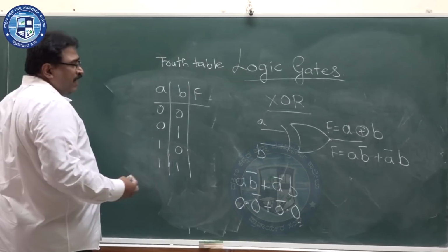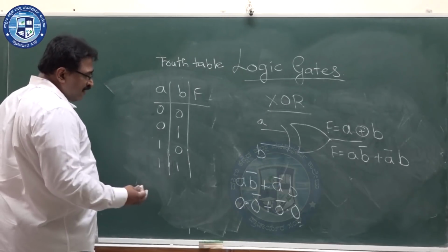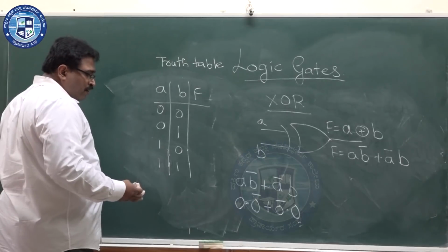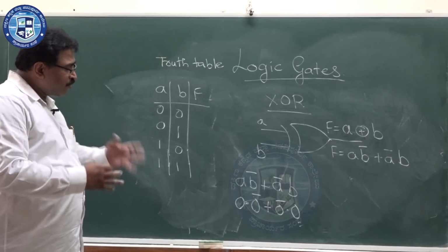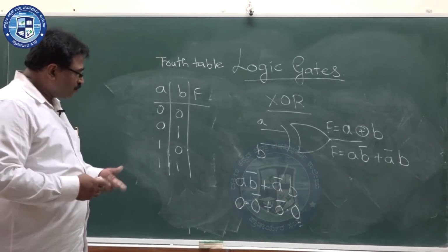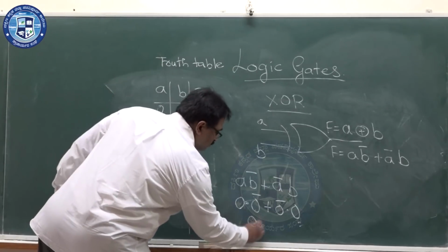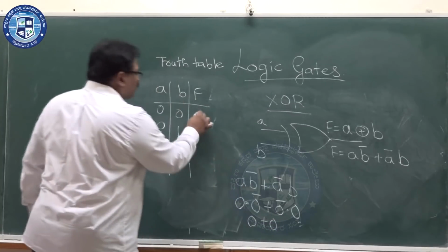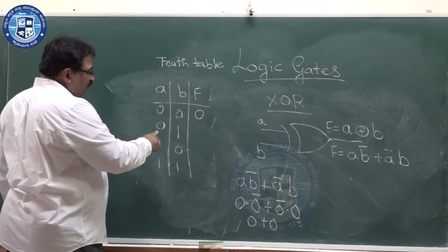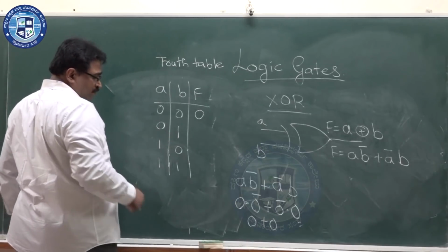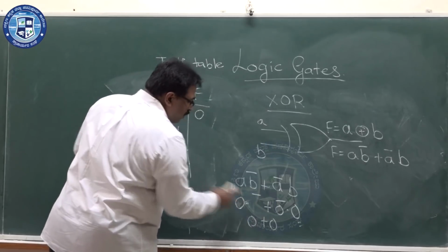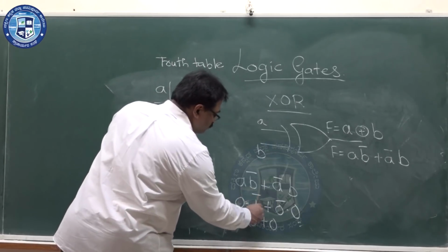Now any one input to the AND gate is 0, the output will be 0. So it is all 0. So the output over here is 0. The next one is 0 and 1. So it is 0, this will be 1.